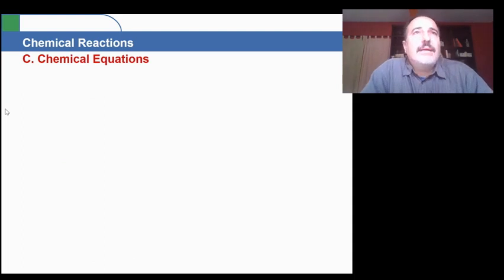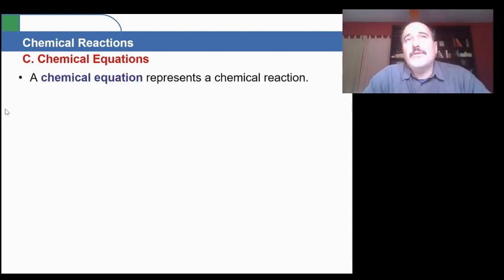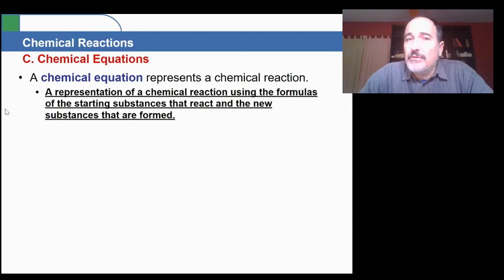Now, chemical equations. A chemical equation represents a chemical reaction. It uses formulas of the starting substances that react and the new substances that are formed. So it gives the chemical formulas of the reactants and products, and puts them in the appropriate order.